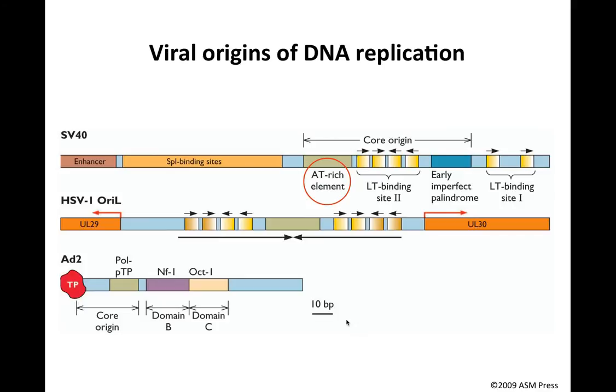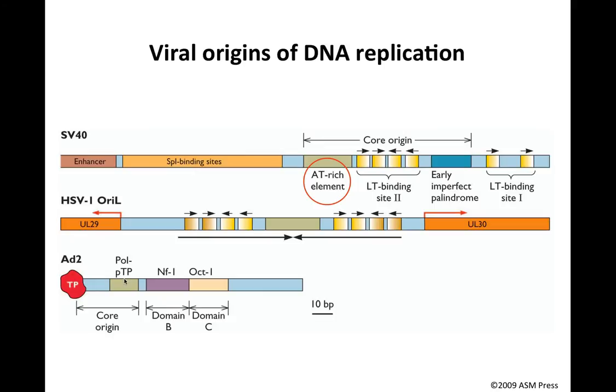First of all, they all contain AT-rich elements, and they're shown in this kind of olive green color. Here's one in the SV40 origin. Here's one in the ORI-L of herpes, and also the Pol PTP binding site is shown in orange as well.